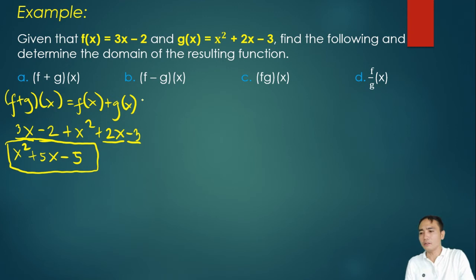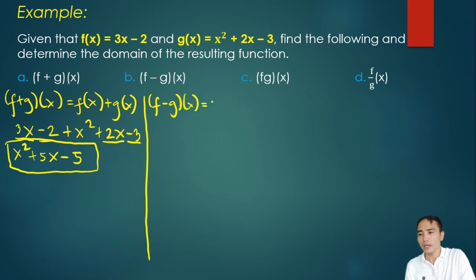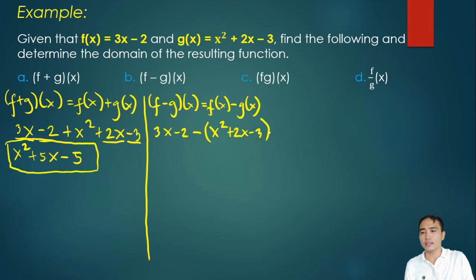Next, letter B. The difference of f and g of x. So f minus g of x is equal to f of x minus g of x. Our f of x is 3x minus 2, then minus, open parenthesis, our g of x is x squared plus 2x minus 3, close parenthesis.